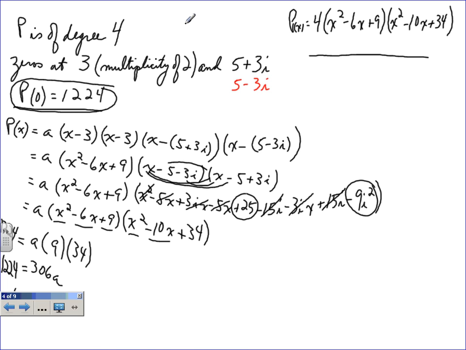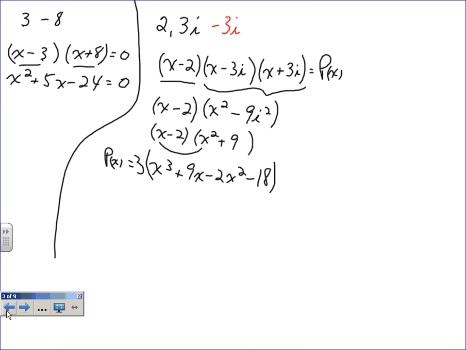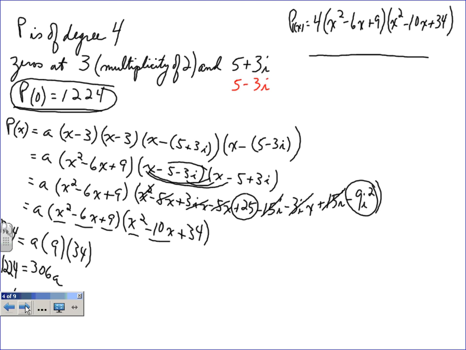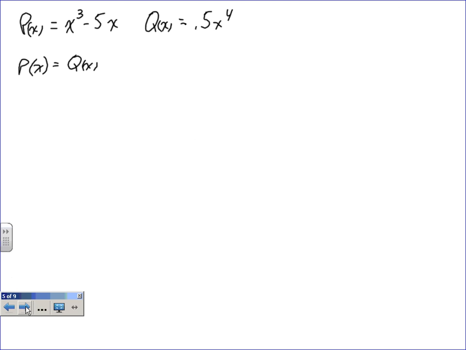All right, one more little thing here. They're going to say, for what values of x is p of x equal to q of x? For what values of x are those two equal? So let's set them equal to one another.